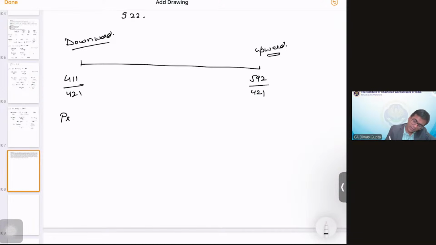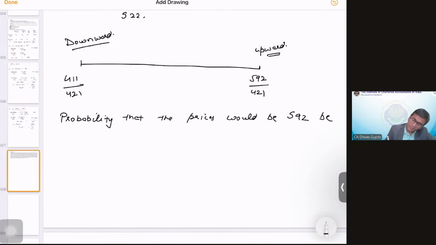Probability that the prices would be 592.